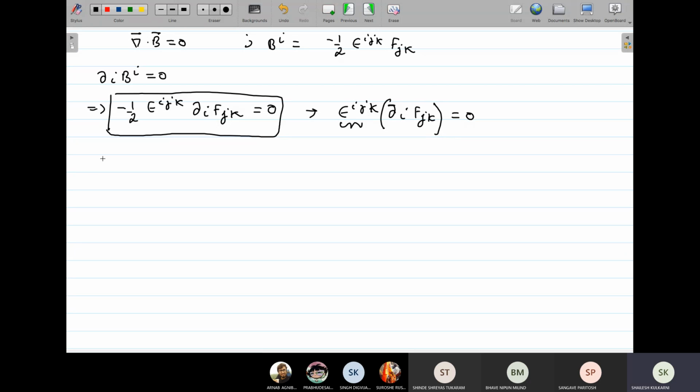See, this I can write as epsilon i j k divided by 3 into del i F j k, plus if I take cyclic permutation, then it will be del j F k i plus del k F i j. This must be equal to 0. Agree?